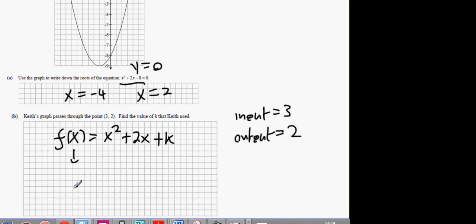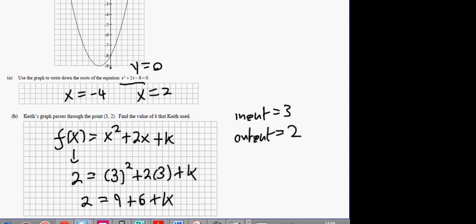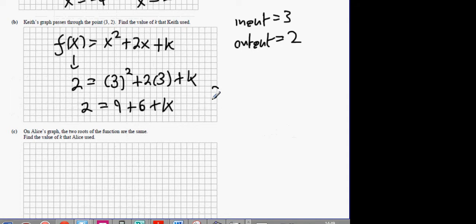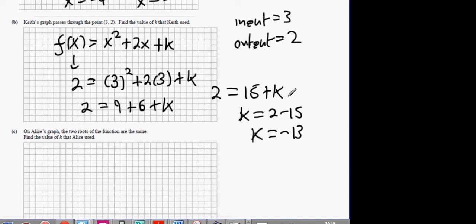This here is output. 2 equals 3 squared plus 2 times 3 plus k. 2 equals 9 plus 6 plus k. 2 equals 15 plus k. k equals 2 minus 15, which is minus 13. So it's k equals -13.